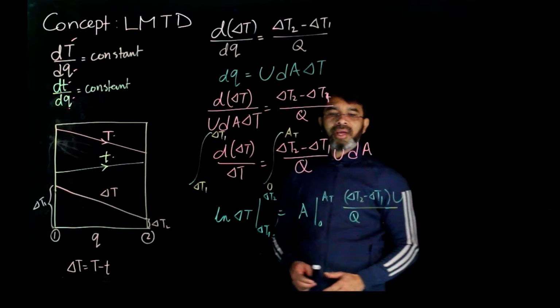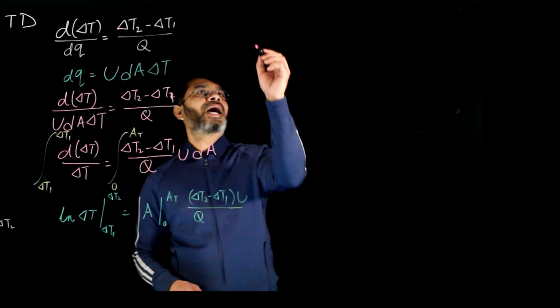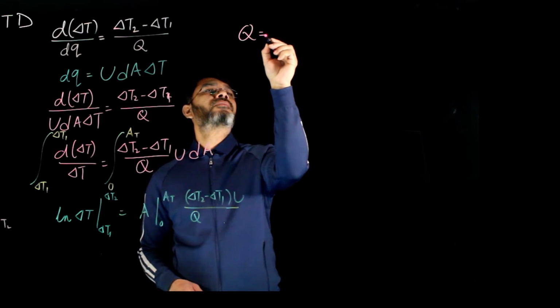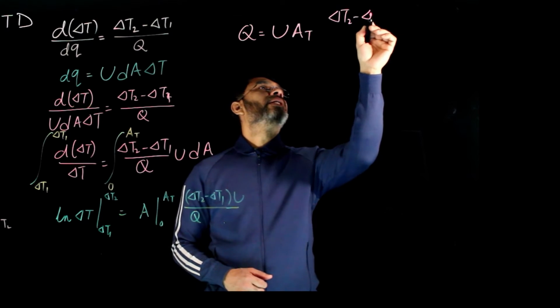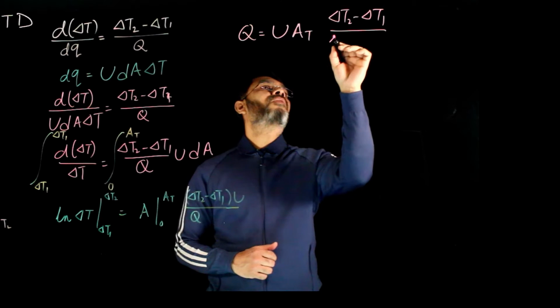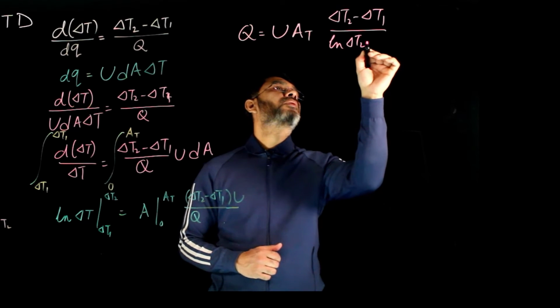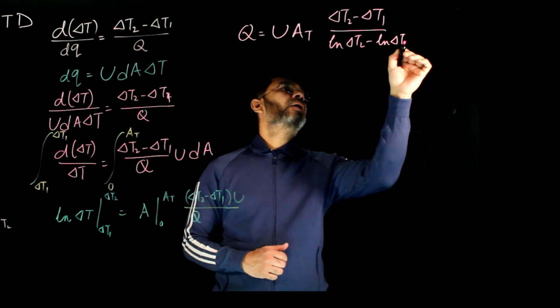Now if you simply rearrange this equation, you will be able to write Q equals U A total times delta T2 minus delta T1 over ln delta T2 minus ln delta T1.